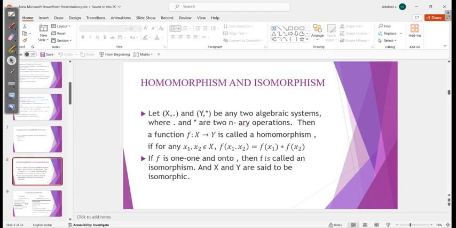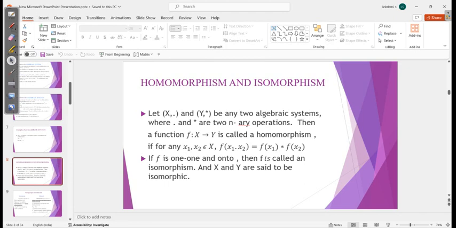It is called a homomorphism if you consider any two elements x1, x2 belonging to x, and apply the function f to x1 dot x2, because in x the operation is dot. And what is the output?